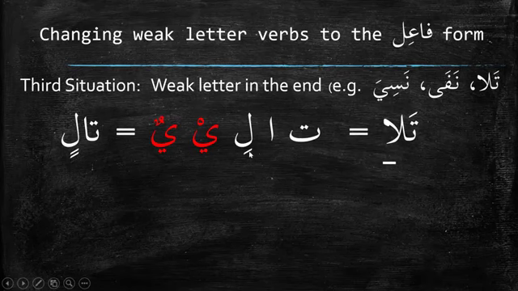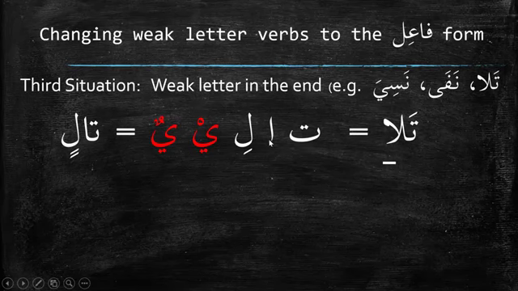Because we have a kasra, the weak letter that goes with the kasra is a ya. The weak letter that goes with the damma is a waw, and they kind of look like each other. And the weak letter that goes with a fatha is an alif. So even though we're supposed to have a waw, we change that waw to a ya to go with this kasra.